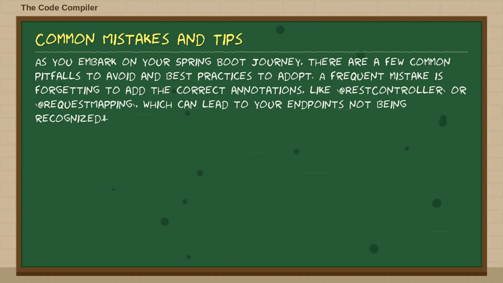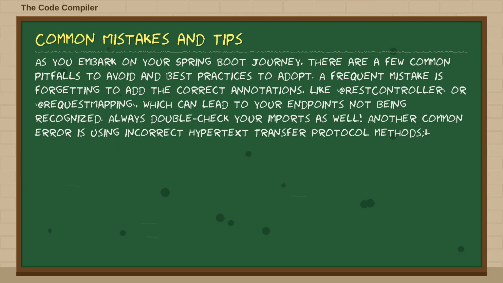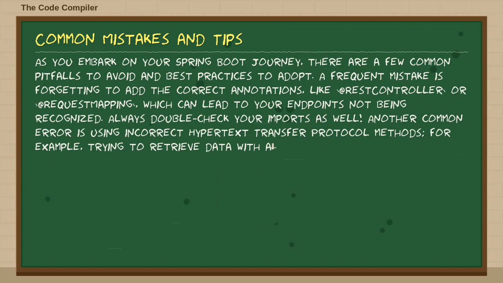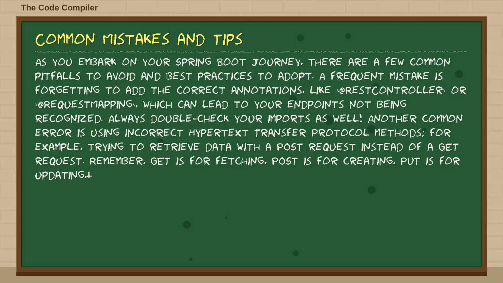Always double-check your imports as well. Another common error is using incorrect hypertext transfer protocol methods, for example, trying to retrieve data with a POST request instead of a GET request. Remember, GET is for fetching, POST is for creating, PUT is for updating, and DELETE is for removing.